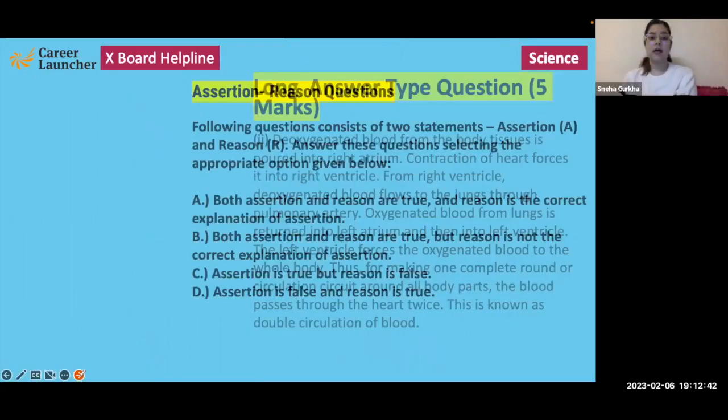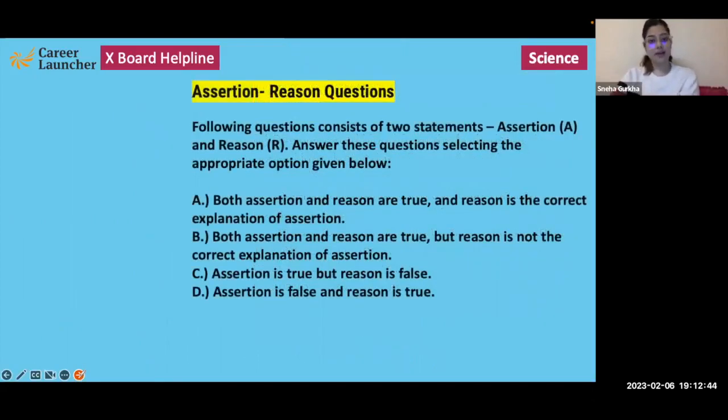Next, we move on to assertion and reason questions. So two statements would be given to us. One would be assertion, the other one would be reason. And we have to read both the statements carefully and then come to the conclusion as to which option correctly fits.